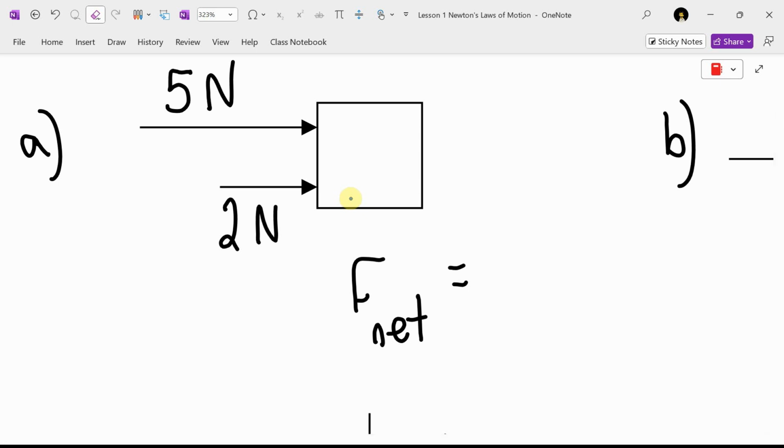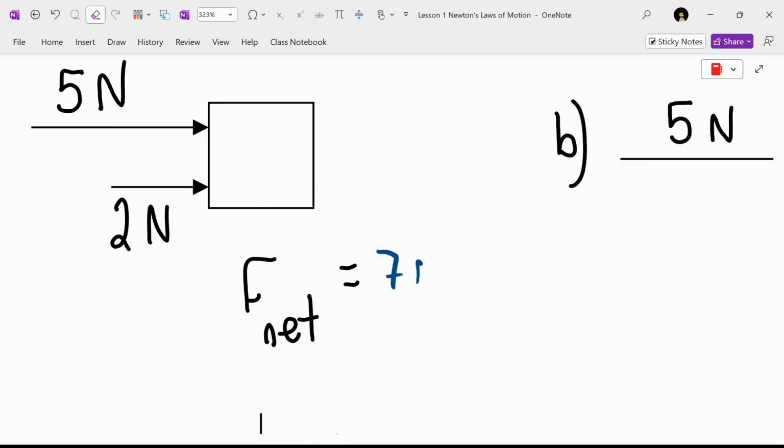Magnitude and direction. Yep. 7 newtons to the right. Or if we wanted to, we could even call one way positive and one way negative and call it +7. But for now, I didn't establish that.